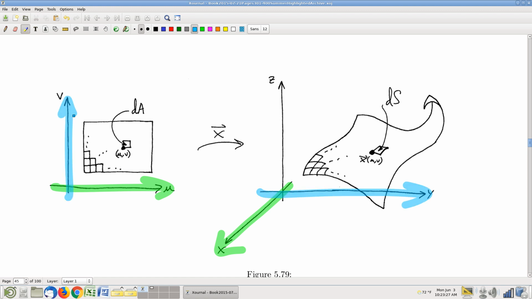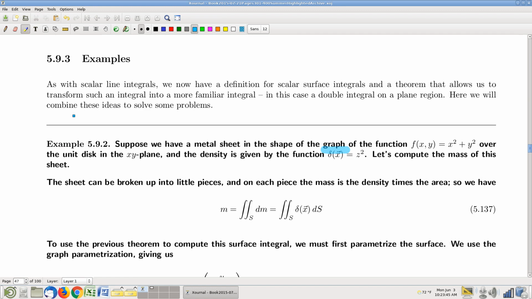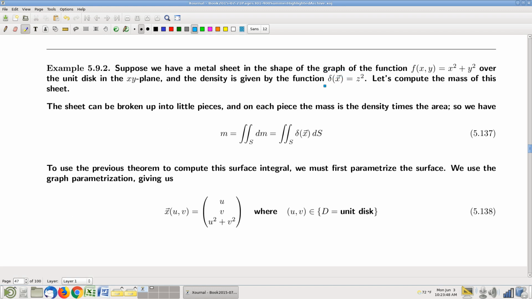So if I want to know the range of values of u and v, well, u and v are x and y. Look back to your original surface and ask, what is the range of values of x and y? That's your range of values for u and v. We are looking at the part of the graph sitting over the unit disk in the xy plane, and so the pullback domain is the unit disk in the uv plane, because x and y are u and v.